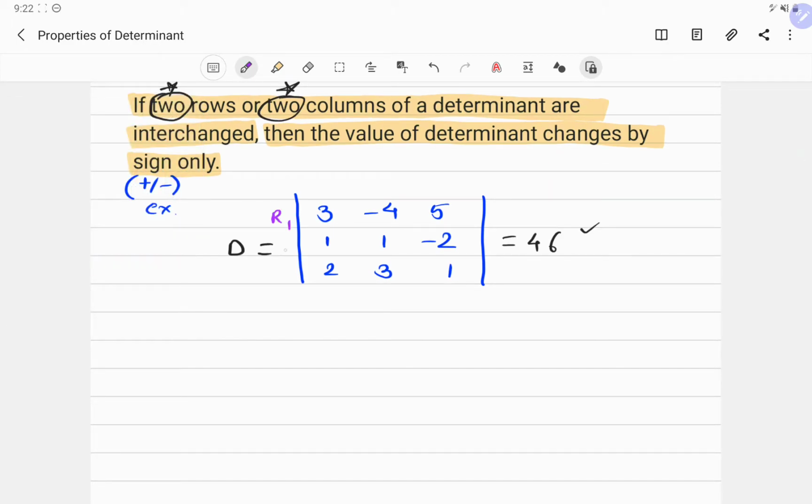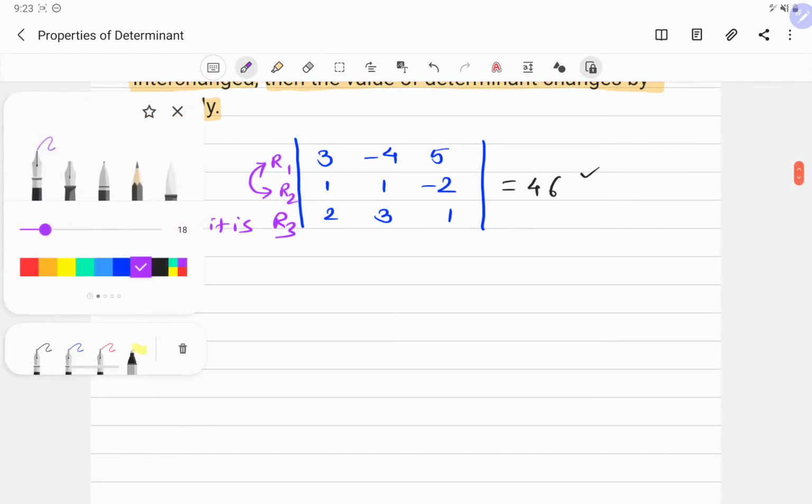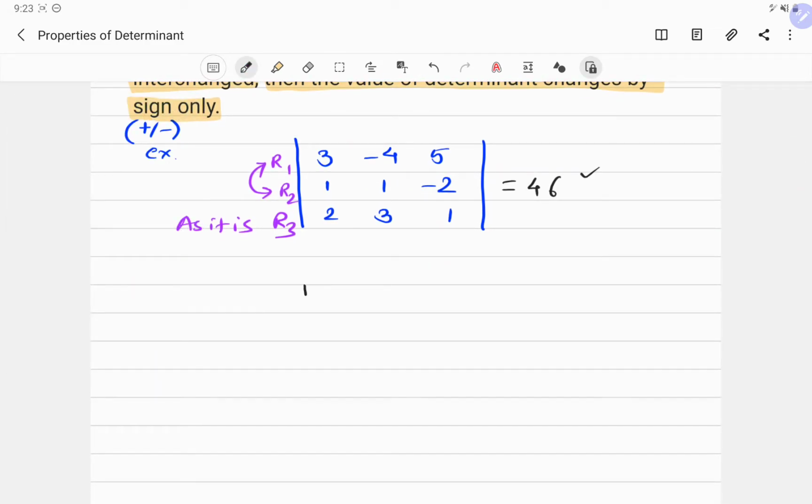Let's say this is row 1, this is row 2, and this one is row 3. Now friends, I'm going to interchange the positions of two rows. So let's interchange the position of row 1 and row 2, and I'm keeping row 3 as it is. So don't change the position of R3, and only interchange the position of two rows, that is R1 and R2.